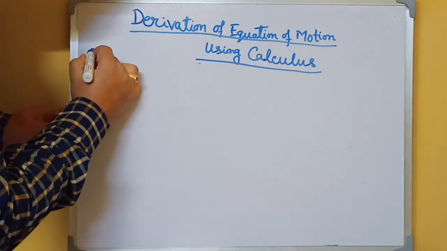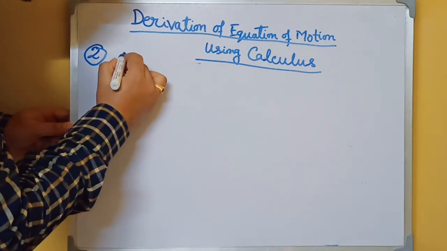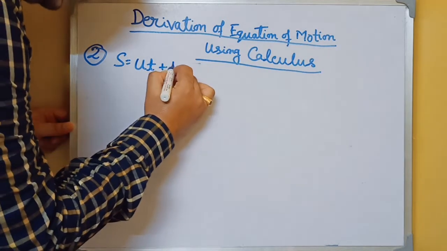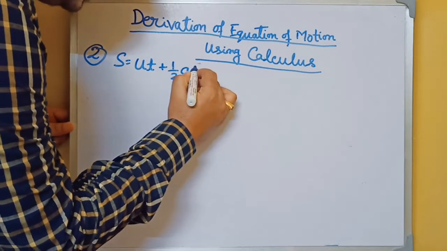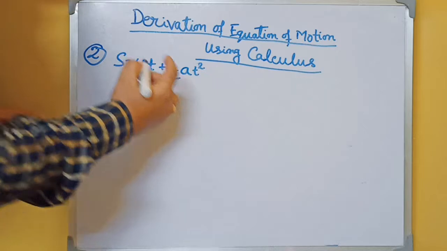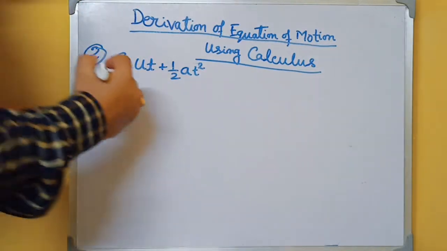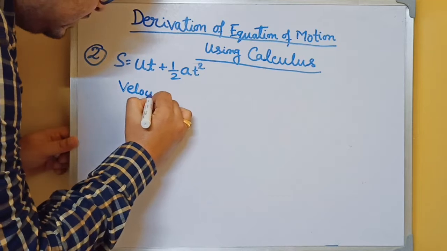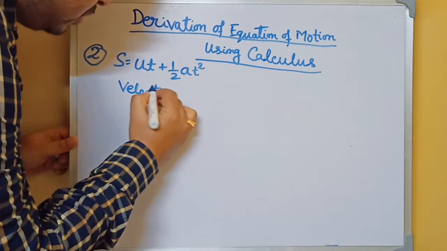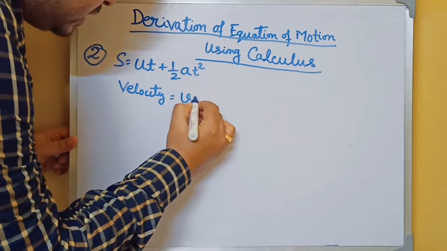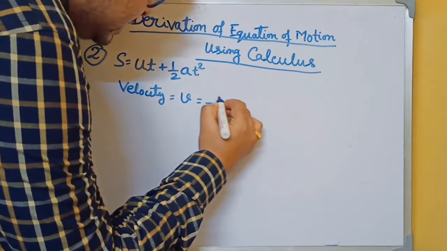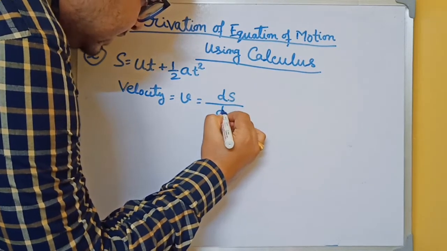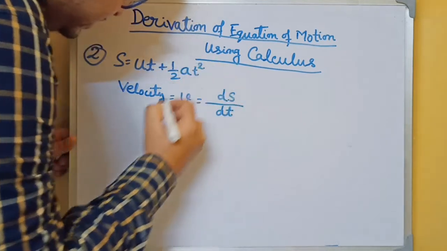Now the second equation, s is equal to ut plus half at square. We prove it using calculus. We know velocity v is equal to change of displacement by time, that is ds by dt.